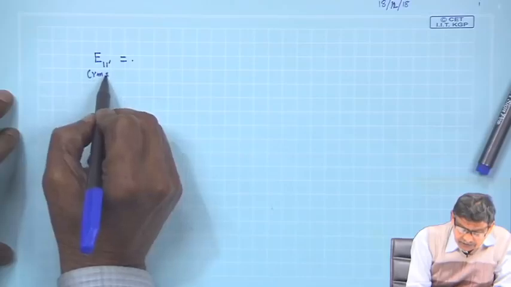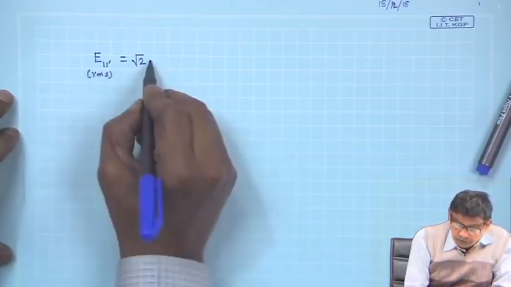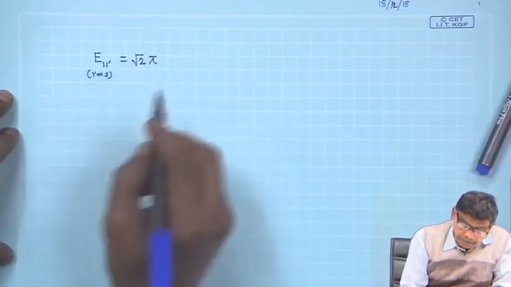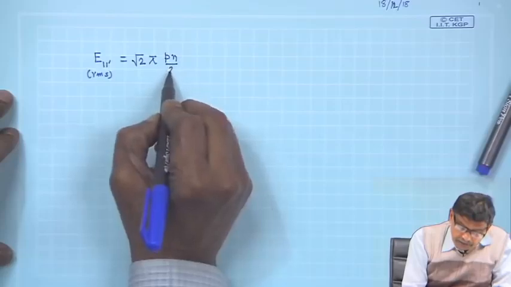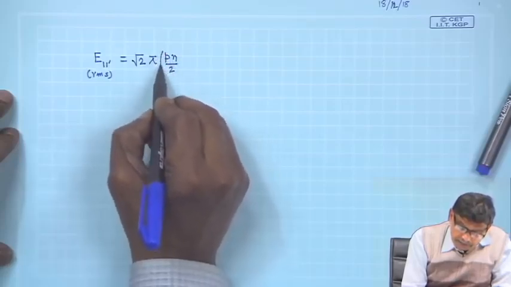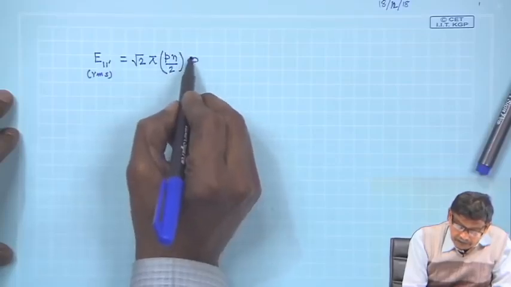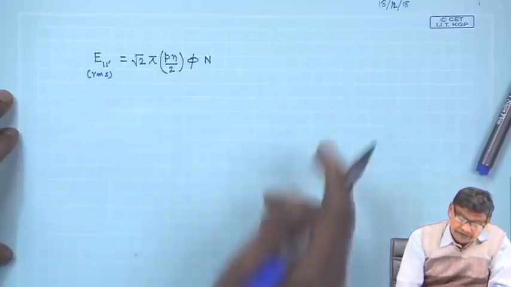This RMS I will not write henceforth, but for the first time let me write root 2 pi, P n by 2, root 2 pi f, then I wrote phi, and then I wrote capital N. What are these things?